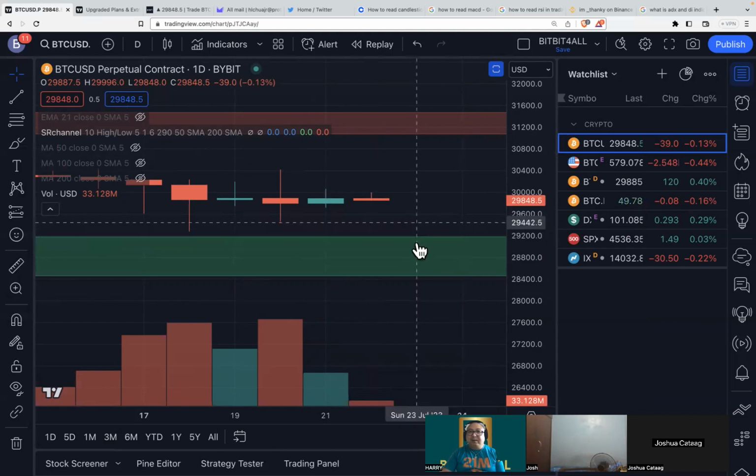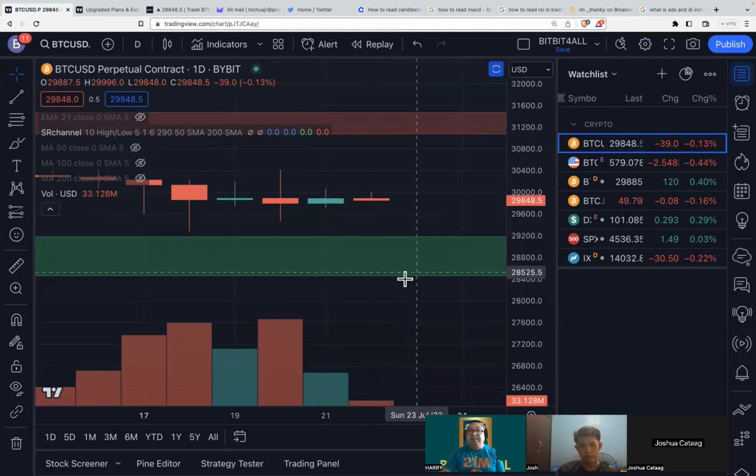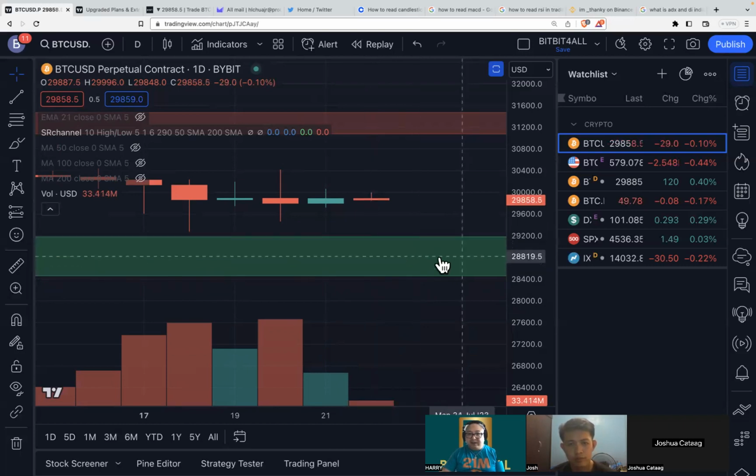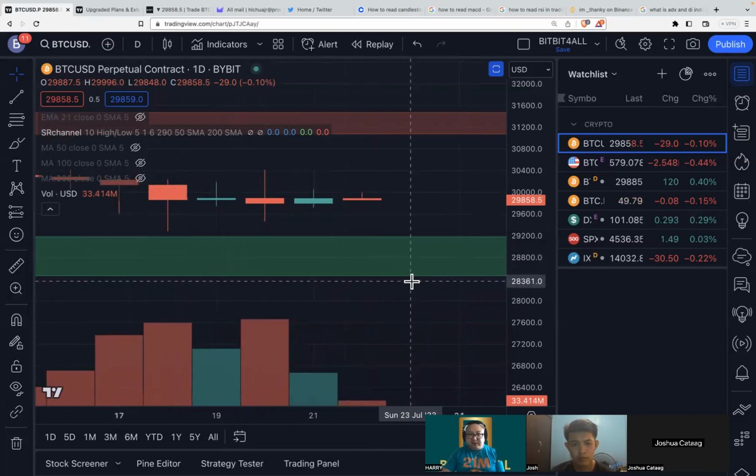People are willing to sell at this price, and then all the other people, mga bears are willing to sell at that price. Ang mga bulls are also willing to buy at this price. So dito yung action where buying and selling is happening. So that's your support and resistance channels.